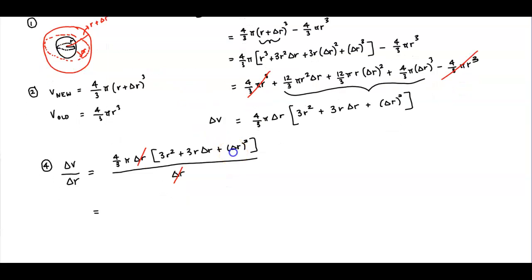So now we distribute the 4/3 pi to all three of those terms.